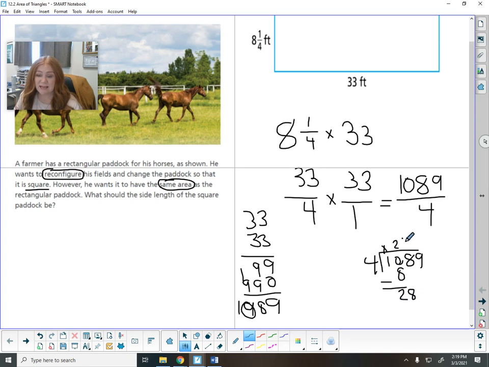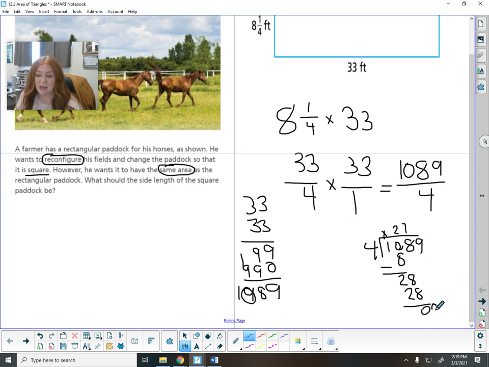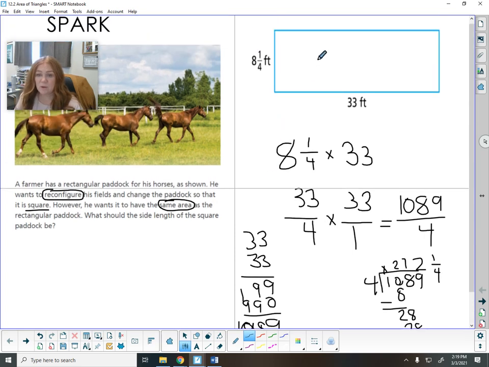It goes into 28 seven times exactly. Then 4 goes into 9 two times, which is 8, with 1 left over. So the total area is 272 and 1/4 feet squared.